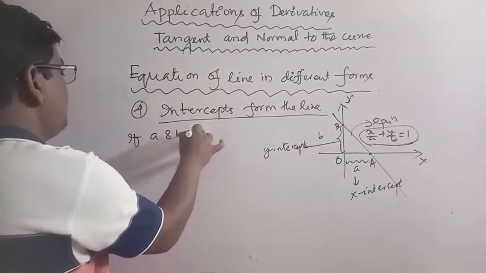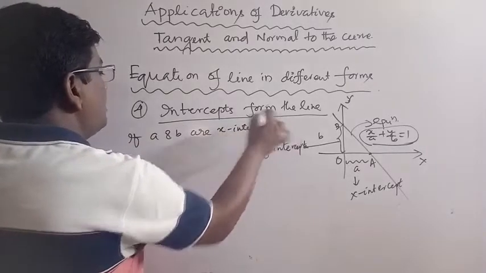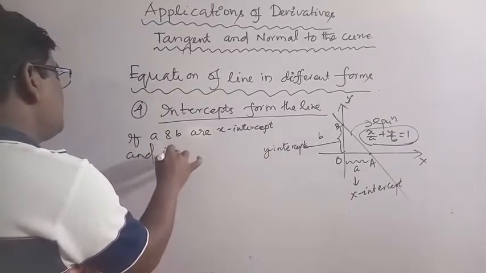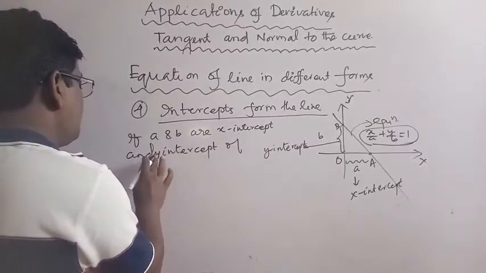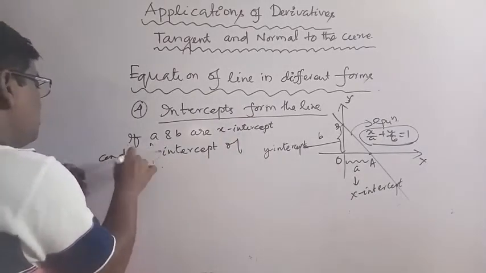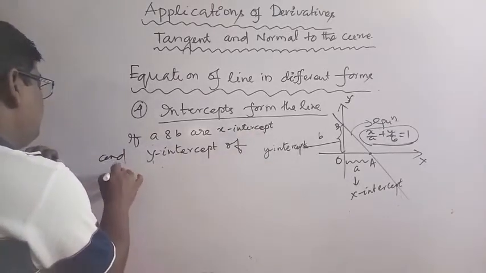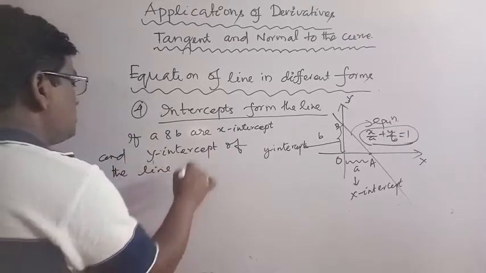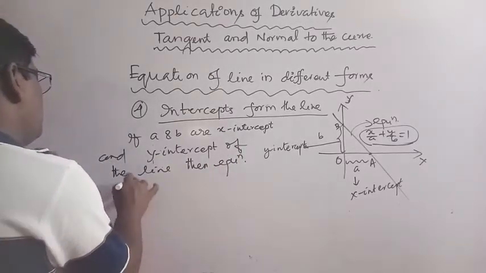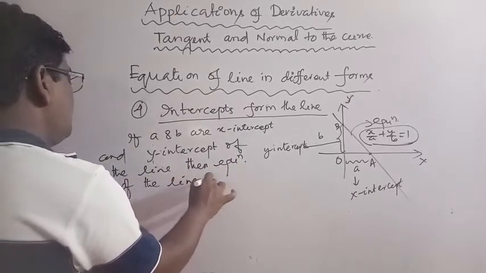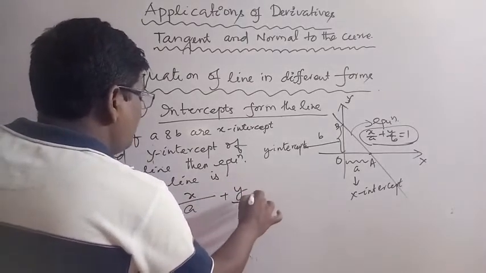So we can write here, if A and B are the x-intercept and y-intercept of the line, then the equation of the line is x by A plus y by B is equal to 1.